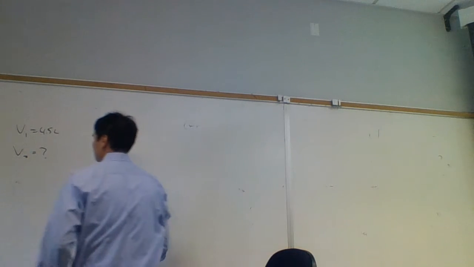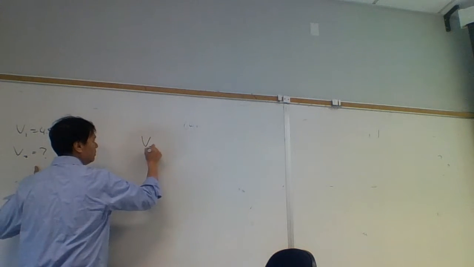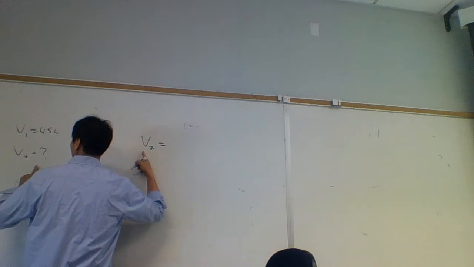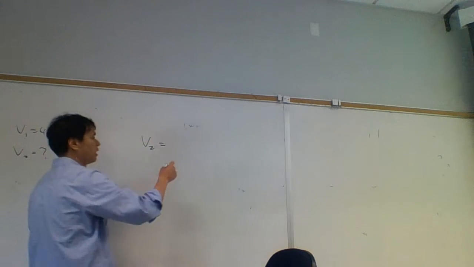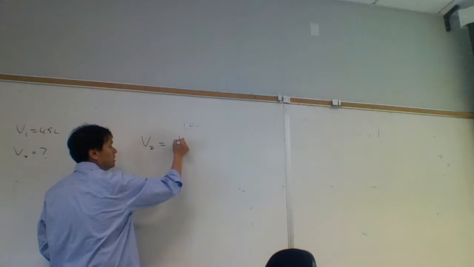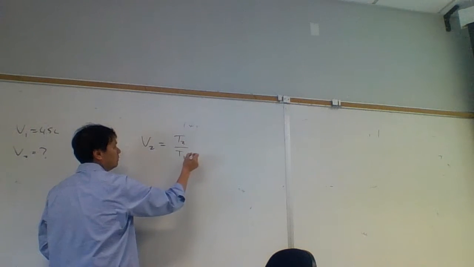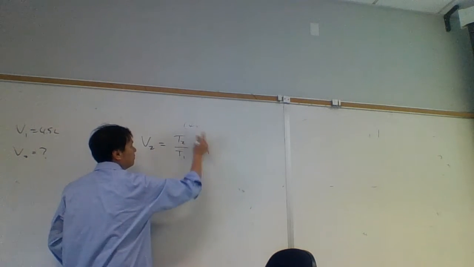And the way I do this is I rearrange Charles' law. I'm going to solve that equation for V2. V2 is equal to T2 over T1 times V1.